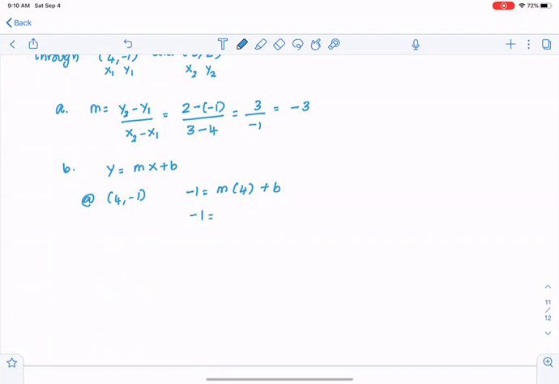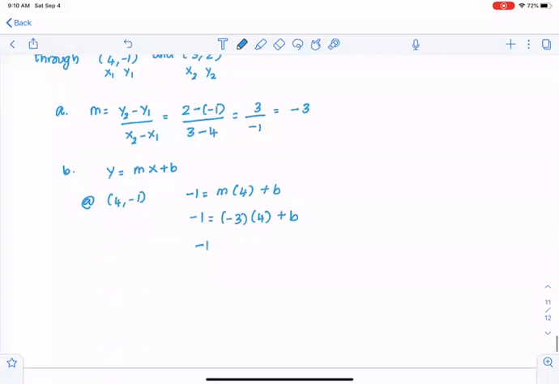So -1 would equal -3 times 4 plus b. 4 times -3 is -12 plus b. Move the -12 to the other side. -1 plus 12 equals b. 12 minus 1 is 11.